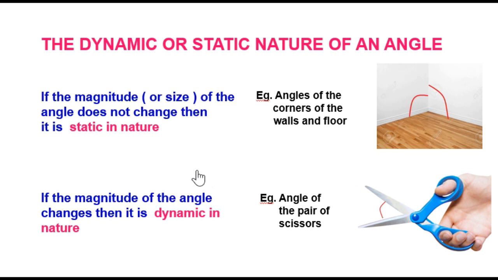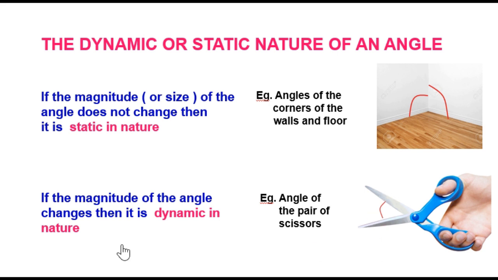Now see what is dynamic in nature. Dynamic in nature means these angles are changing, or we can change them. For example, you can see here a pair of scissors and a clock. There are so many examples where the angles can be changed.